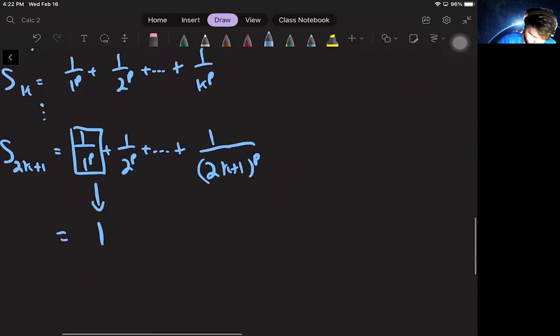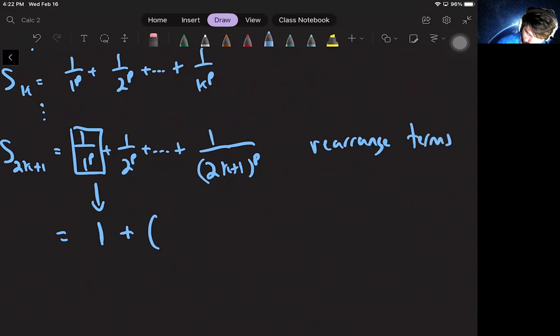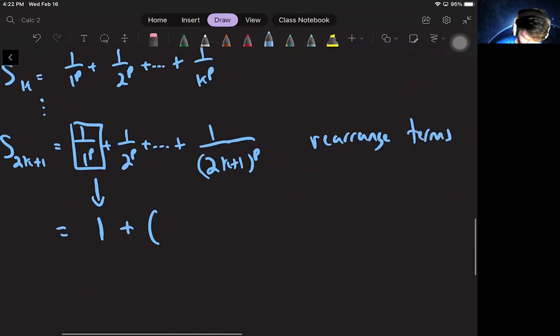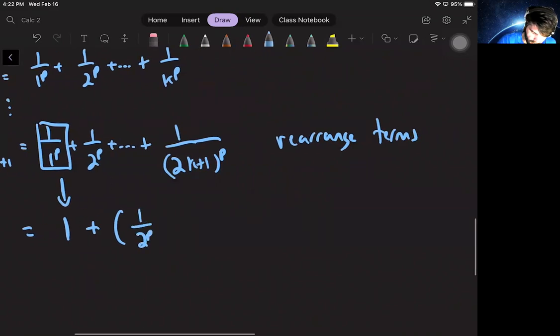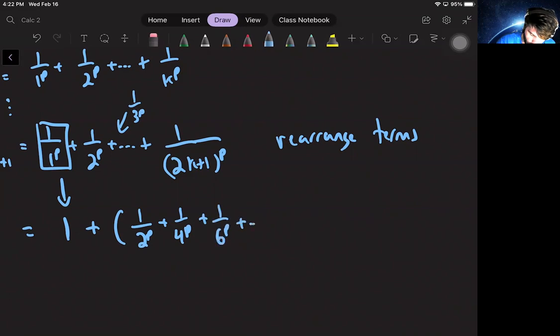But after that, we're going to rearrange all the terms. So we're not adding anything new or taking away anything. We're just rearranging. So that 1 is staying in the front, but after the 1 over 2 to the p, there is a 1 over 3 to the p, but we're going to move that to later. And instead, we're just going to have 1 over 4 to the p. And then we're going to skip the 1 over 5 and do the 1 over 6.